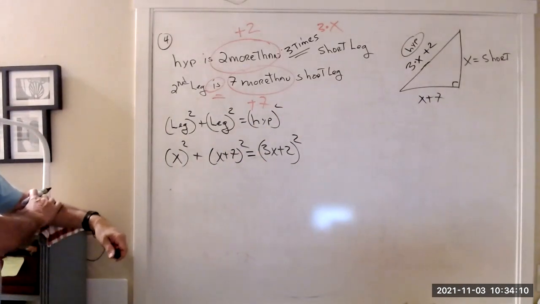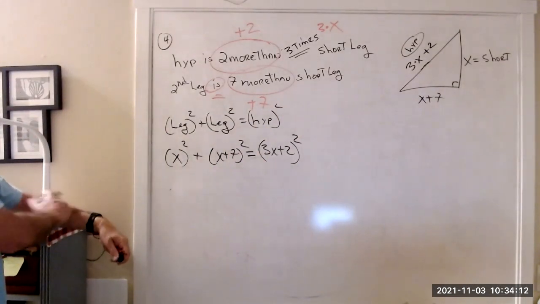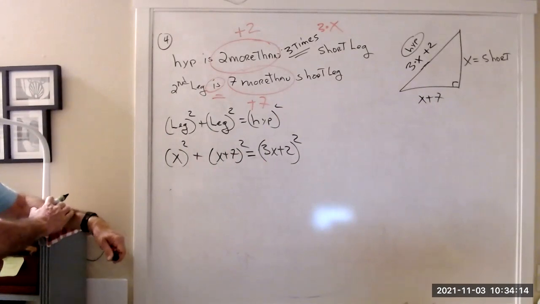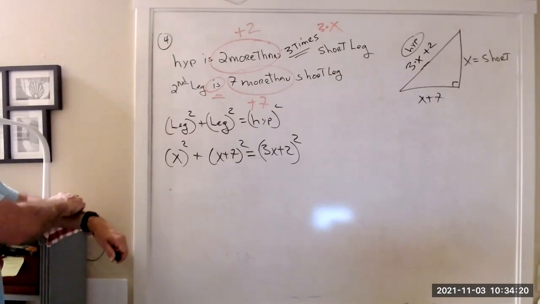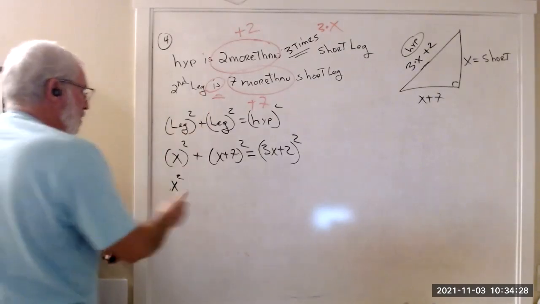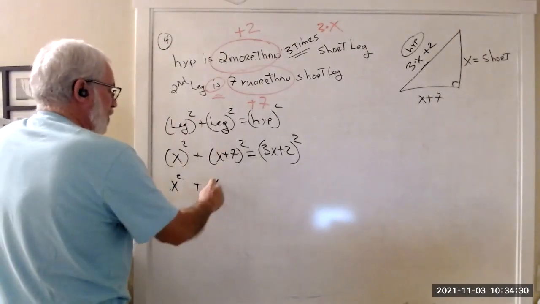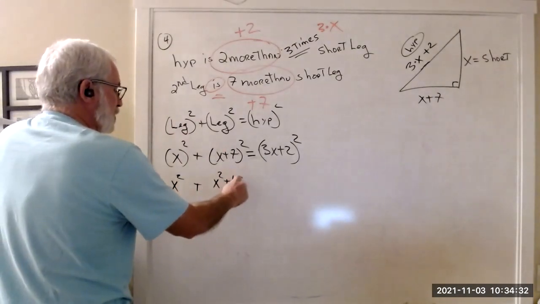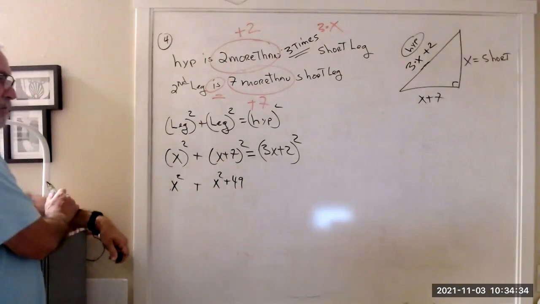Okay, I need your attention. So those of you who were nodding off, please wake up. I saw people do this on exam 2 and it absolutely killed you. Okay, well, x squared was x squared, fine, whatever. Plus, this was written as x squared plus 49.